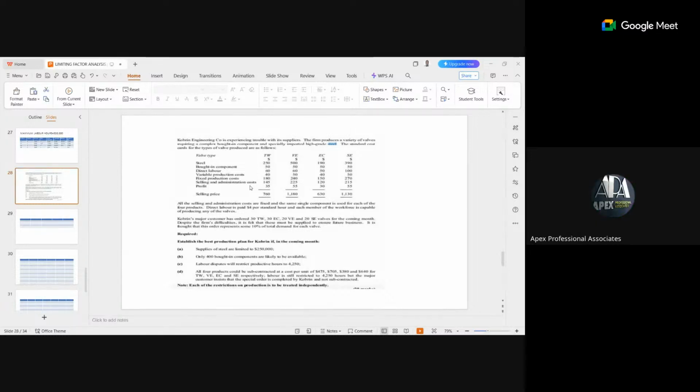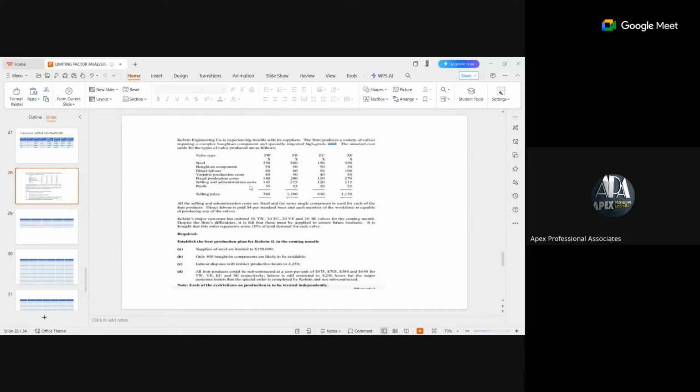Irrespective of the demand, you have to meet the demand of your major customer first before anything else. So as we solve, we'll be giving attention to the demand of our special customer. By the time we want to allocate our limited resources, we must always take cognizance of 30 TW, 30 EC, 20 VE, and 20 SE first. Take note of that point.